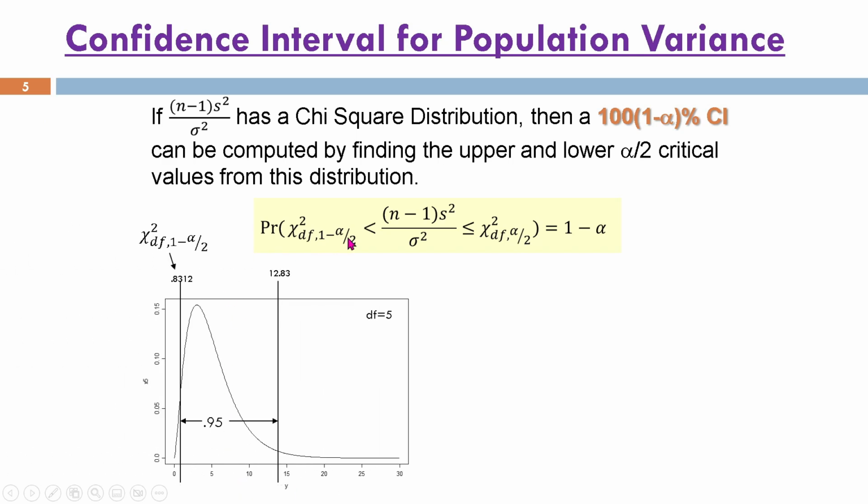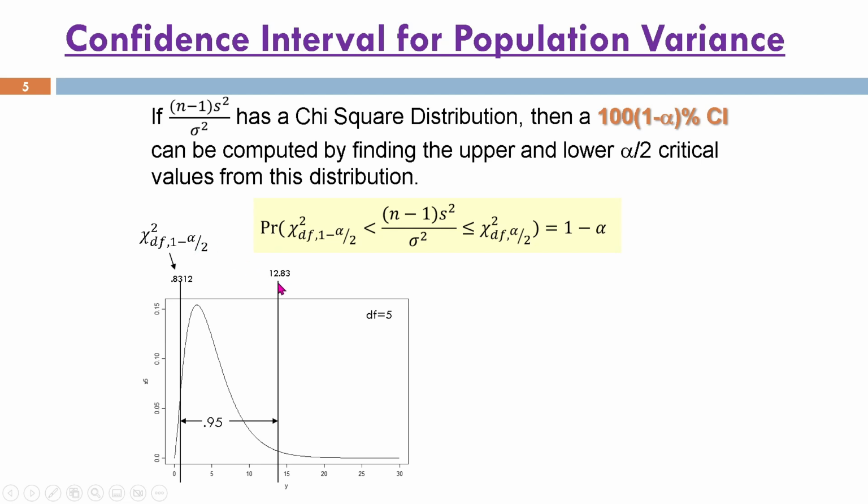For example here, let's say this is degree of freedom 5. We got the alpha probability. So the confidence interval will be 1 minus alpha. If you want percentage, we times 100. The lower confidence limit is calculated using chi-squared with degree of freedom 1 minus alpha over 2.